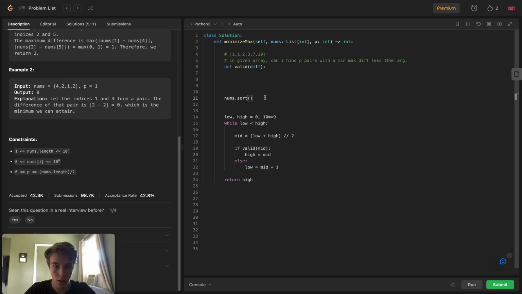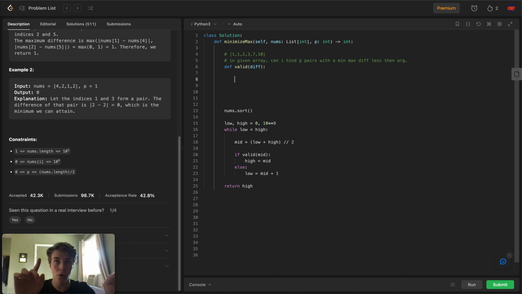Okay. Let's have this be sorted before. Actually, it's not going to matter. Valid is going to be called after nums is sorted. So, okay, what do we do here? We need to iterate over the whole array and compare all possible pairs.